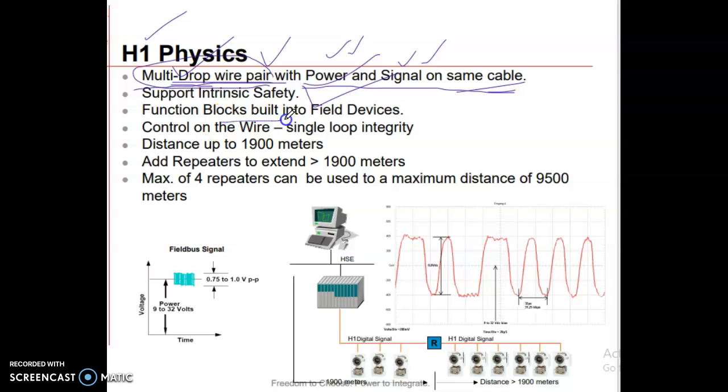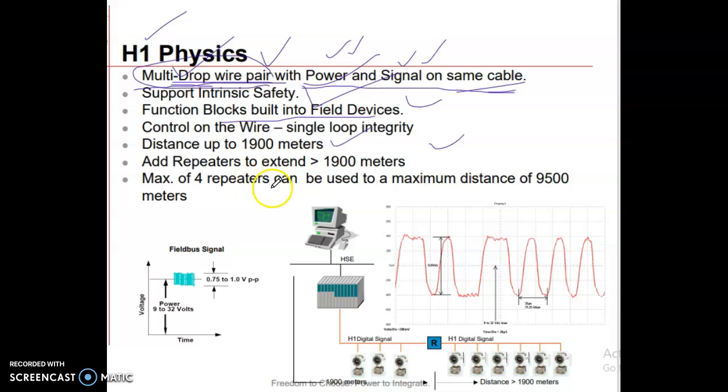Function blocks built into field devices. Control on the wire, single loop integrity. Distance up to 1900 meters. Add repeaters to extend beyond 1900 meters.